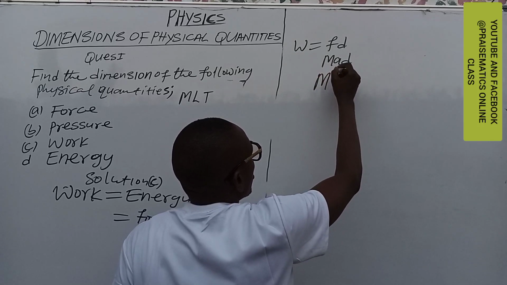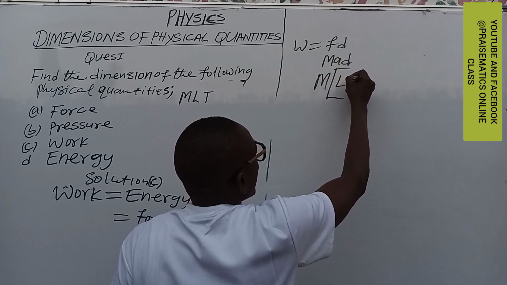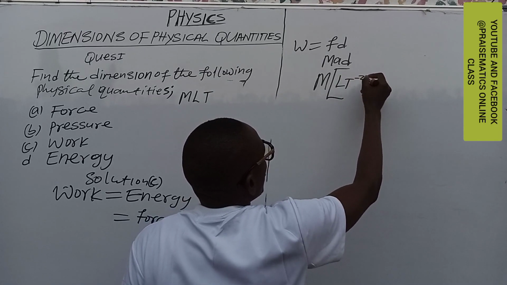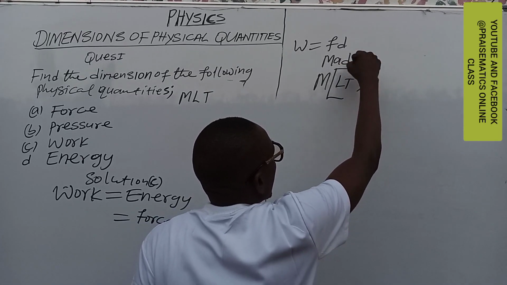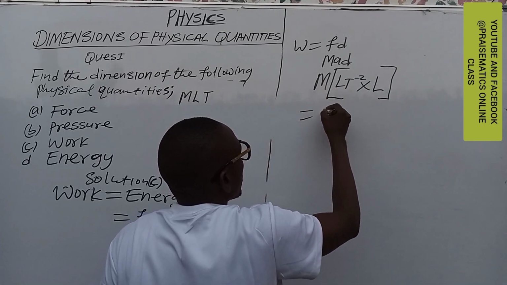And mass is untouchable. You don't touch mass. We have acceleration as L T raised to the power minus 2, multiplied by distance, which is L. Close it. Now finally, what do we have?